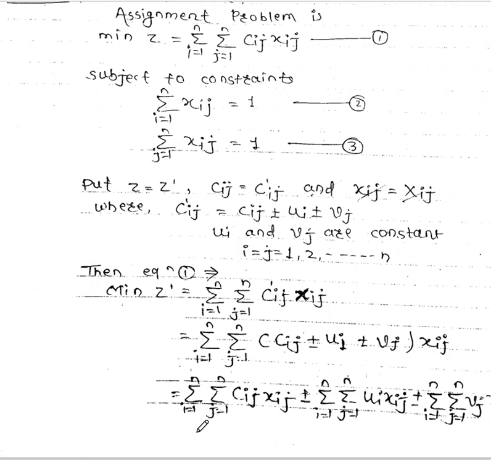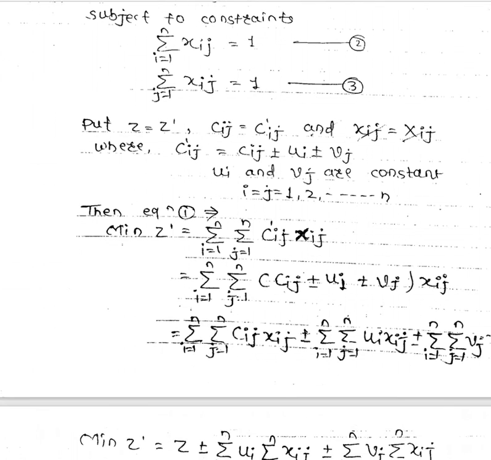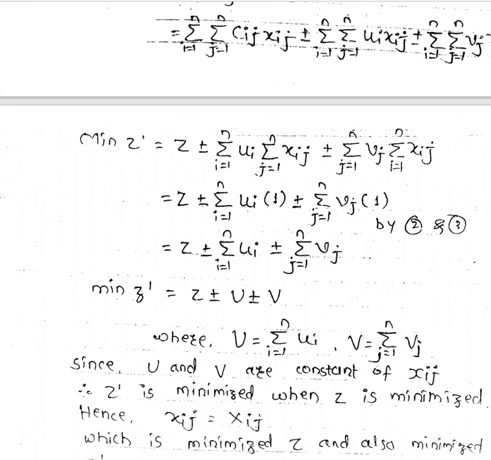So we get summation i equal to 1 to n, summation j equal to 1 to n, Cij Xij as the first term, plus or minus the second term, summation i equal to 1 to n, summation j equal to 1 to n, Ui Xij, plus or minus the third term, summation i equal to 1 to n, summation j equal to 1 to n, Vj Xij. In this way we can separate the summation, taking the summation of each term.